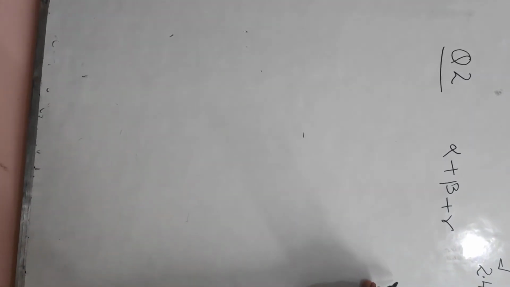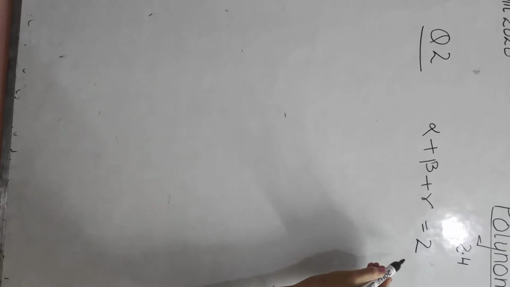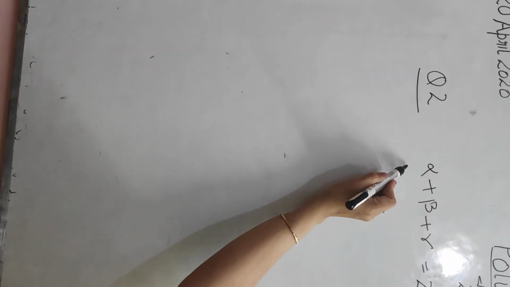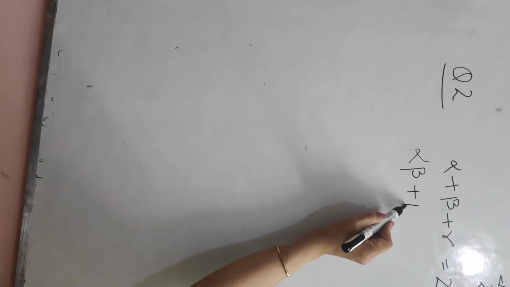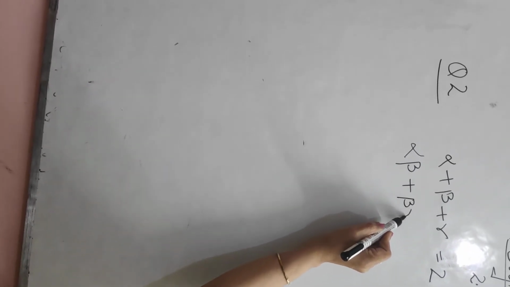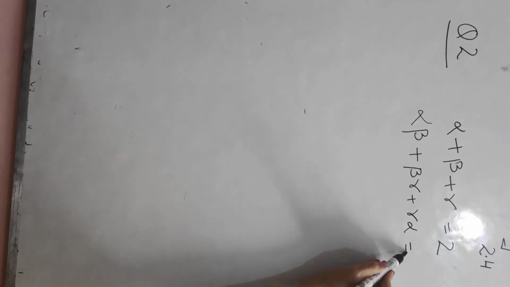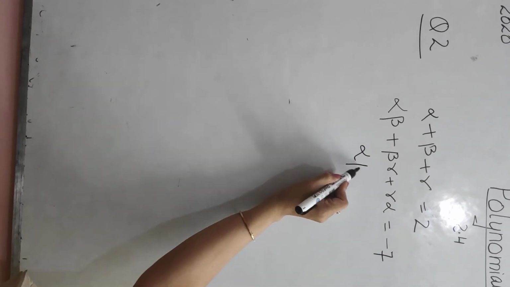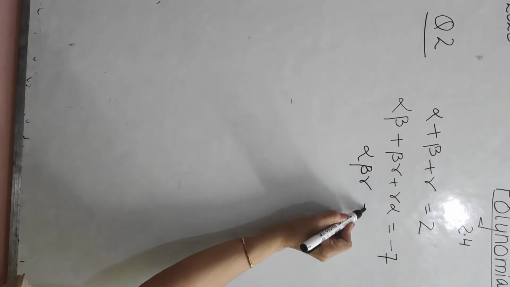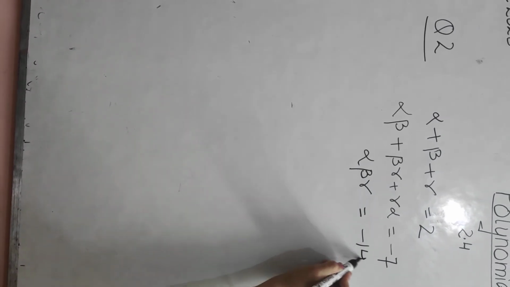This is given as 2. Second thing which is given is sum of the product of the zeros taken 2 at a time, alpha beta plus beta gamma plus gamma alpha. It is given as minus 7. And the third thing which is given is product of the zeros, alpha beta gamma is equal to minus 14.